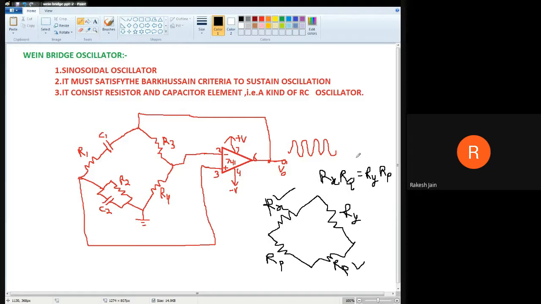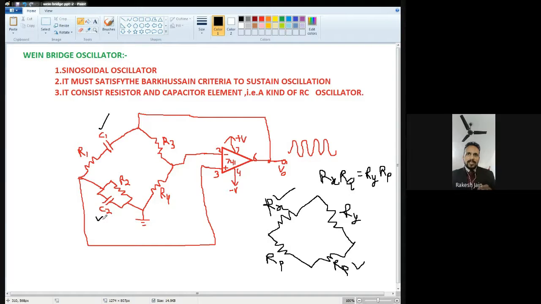Now here in this Wein bridge, we have a Wheatstone bridge kind of arrangement. Definitely, to find out the frequency of oscillation, we must consider the balance condition for that bridge, and it must satisfy the same kind of condition for the opposite arm resistances. But here we use reactive elements also, like the capacitances. In one arm the capacitance is in series, and in one arm the capacitance is in parallel.